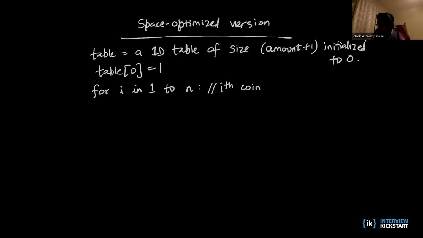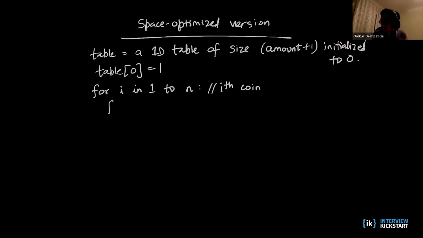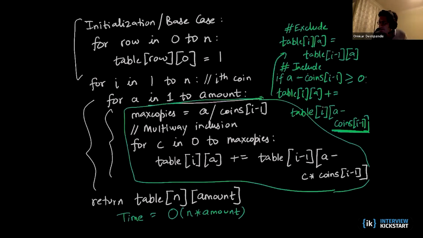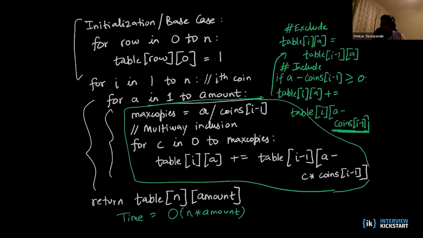So that's the outer loop, and the inner loop's for loop structure will remain the same. For amount varying from 1 all the way up to the maximum amount which is given. We are working with the green piece of code here, binary inclusion exclusion choice.